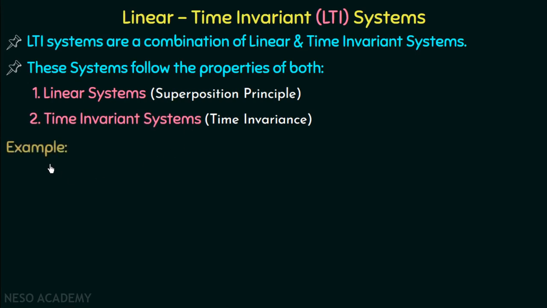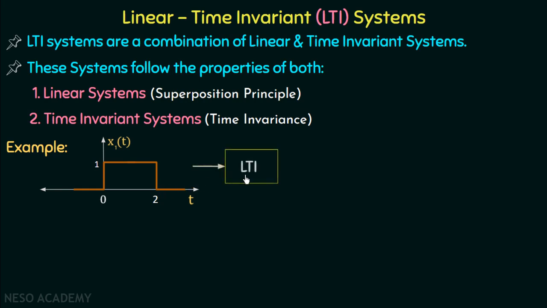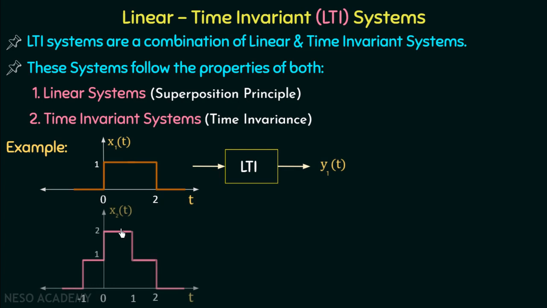And the example is given as x1(t) is a function which is having a rectangular waveform from 0 to 2, and it is given as an input to the LTI system, and its response is y1(t). x2(t) is another function which is having this waveform, and it is given to the same LTI system, and it gives the response y2(t).